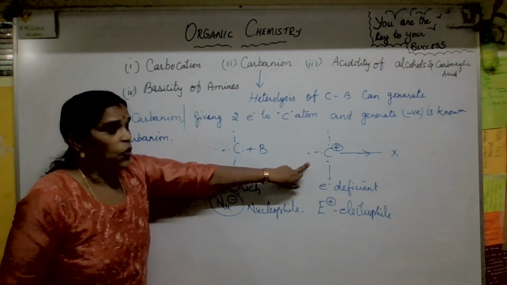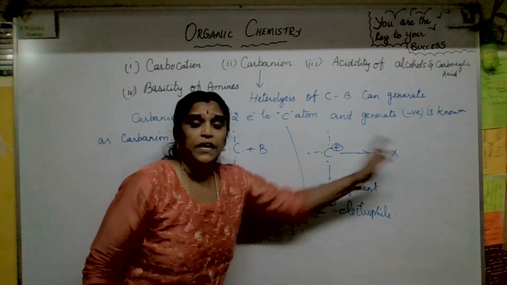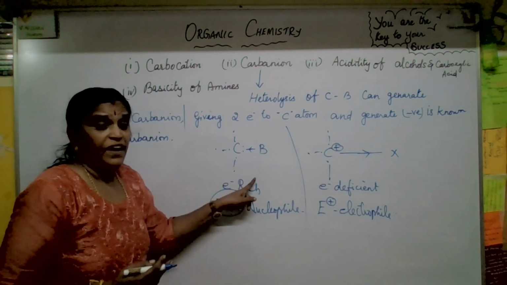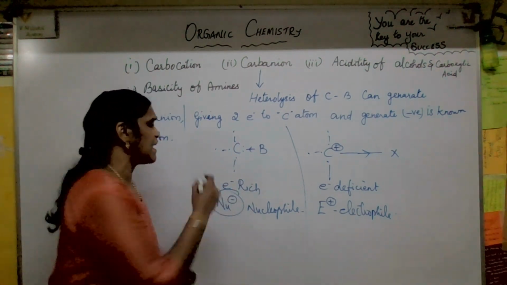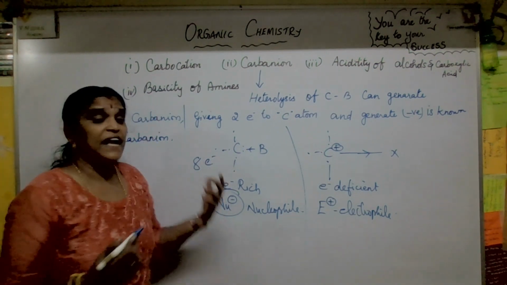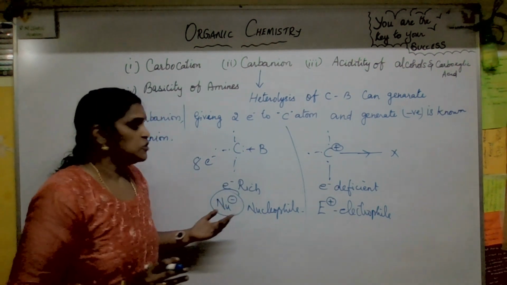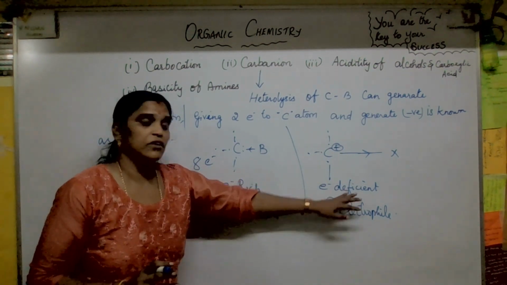Very clearly, here only 6 electrons are there because 2 electrons are given to that halogen. Whereas here the base is donating 2 electrons to carbon, so naturally 8 electrons are there, completely filling the octet structure. So electron rich is nucleophile and electron deficient is electrophile.